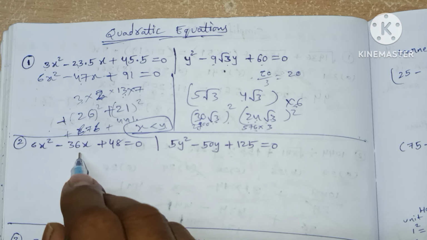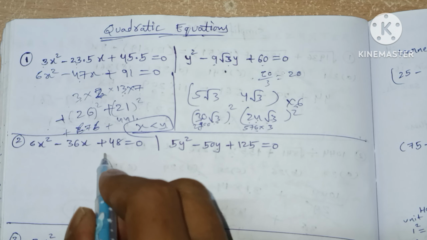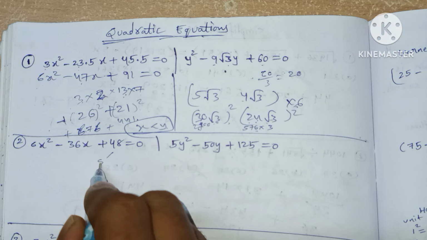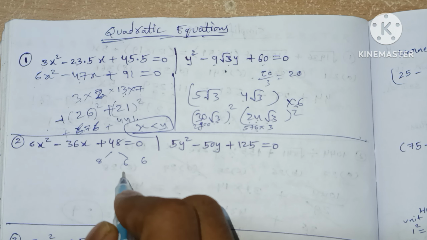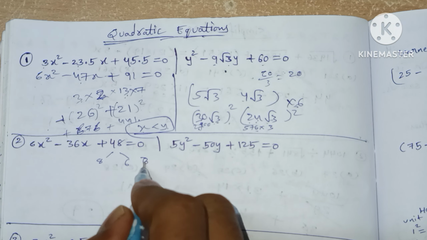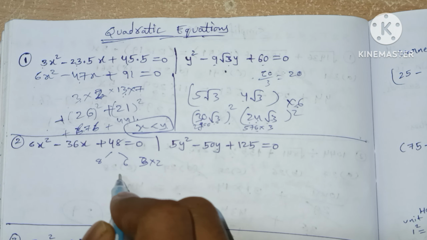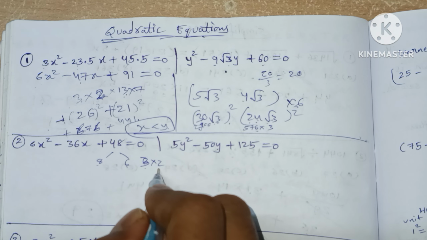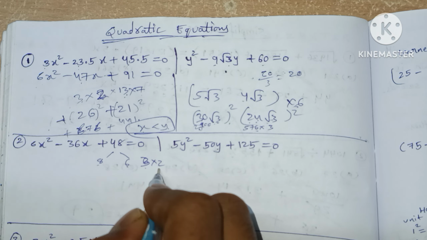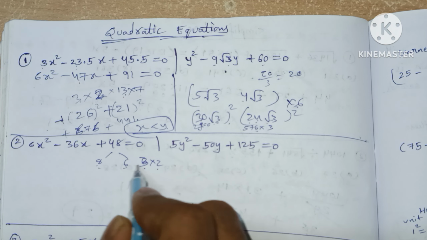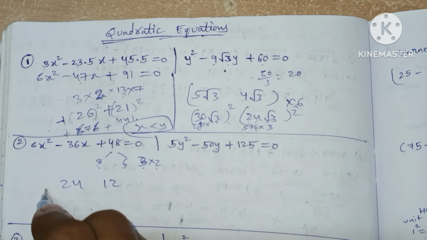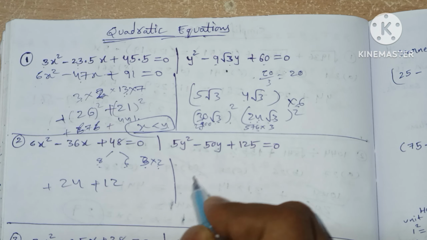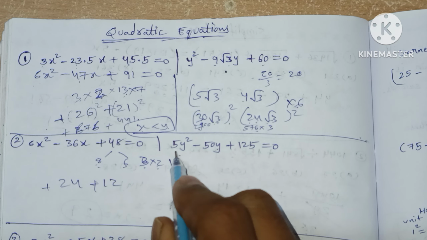6x square minus 36x plus 48 equals 0. This will be 8 6 times, and we have another 6. We make this 6 into 3 into 2. It will be 18 and 16. No, it 3 times 24 and 12. These are the roots, and the roots are positive. Here it is 5.